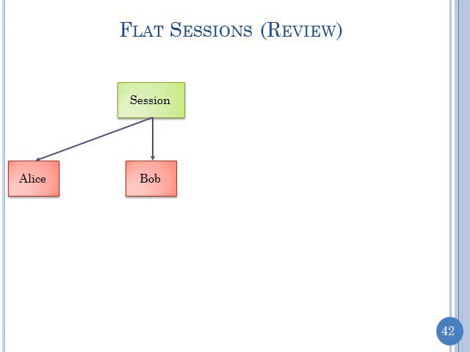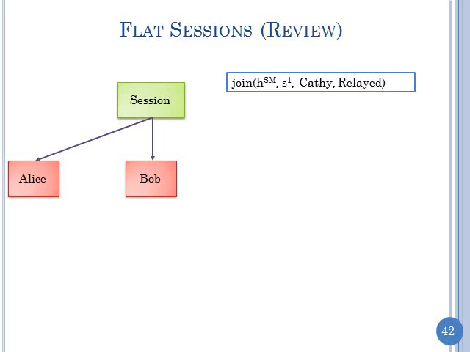So in flat sessions, the idea is that in each session you have a bunch of users. Actually they're not users, they're processes running on behalf of users, and these processes say that I am representing Alice, I'm representing Bob in this session, and any callbacks come to me. When that process makes this call, of course it finds a session manager.